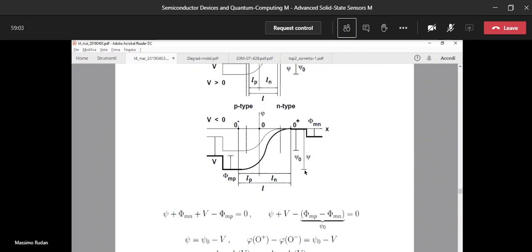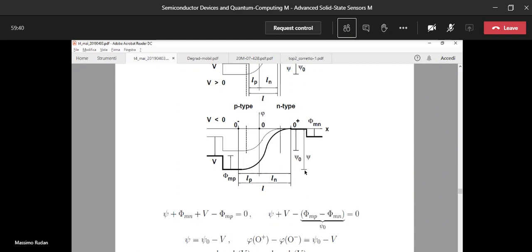But this field, although large, will act on a very small number of charges, because you remember from the analysis that we have carried out in the equilibrium condition, the space charge region is almost completely depleted of electrons and holes. So there are some, but not so many. So the strong electric field will act on very poor populations, okay?